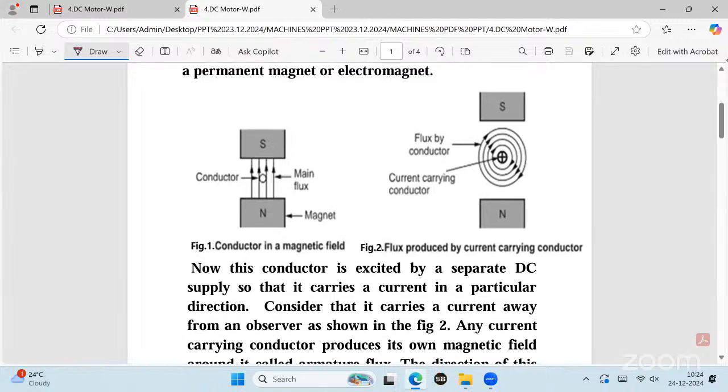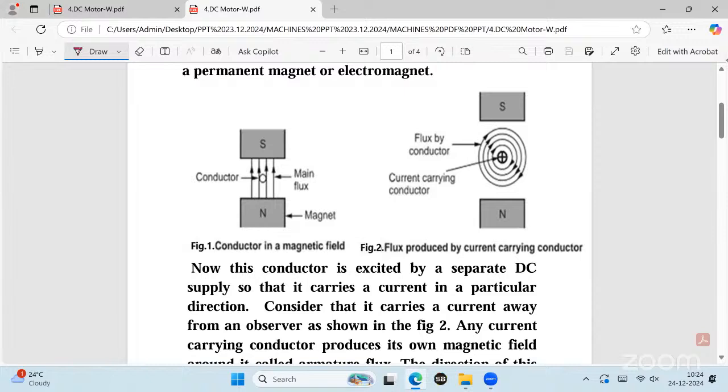Right. The second diagram. The conductor is the armature. Yesterday we discussed how to make an armature.